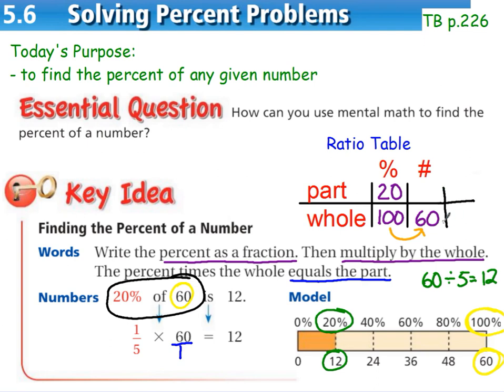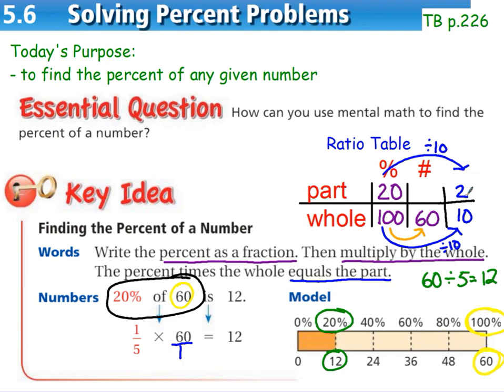And what I can actually do now is take 100, and if I divide it by 10, 100 divided by 10 is 10. On the top, I need to do the same thing to my 20. 20 divided by 10 is 2. So I do know that 2 to 10 is an equivalent ratio of 20 to 100.